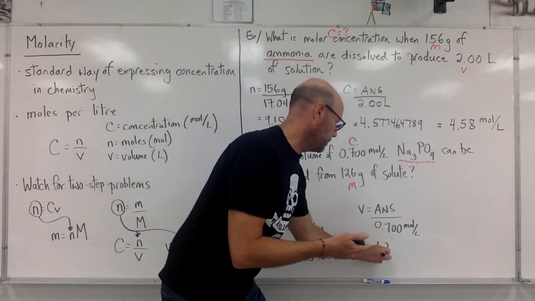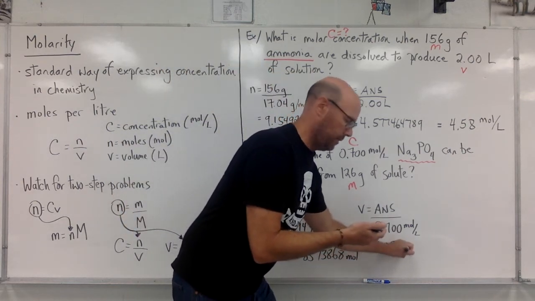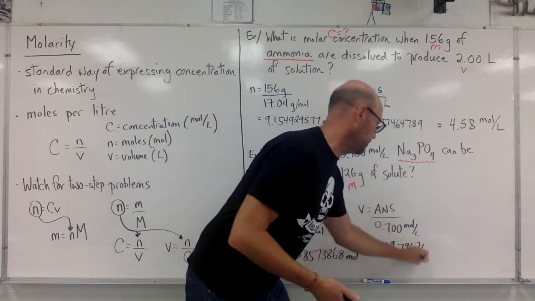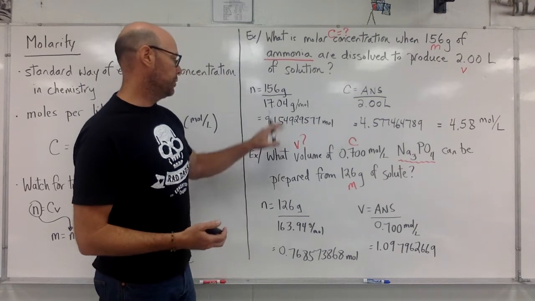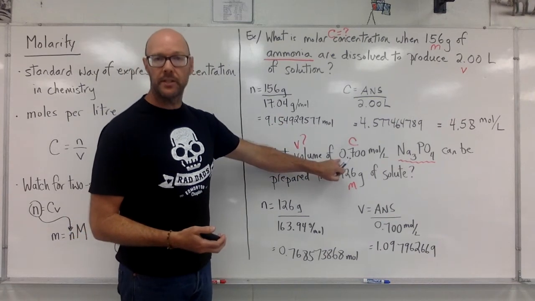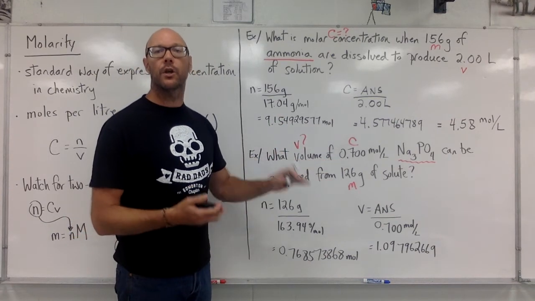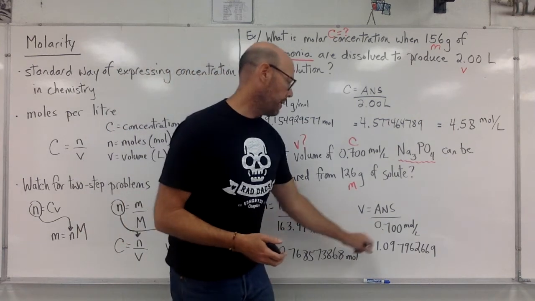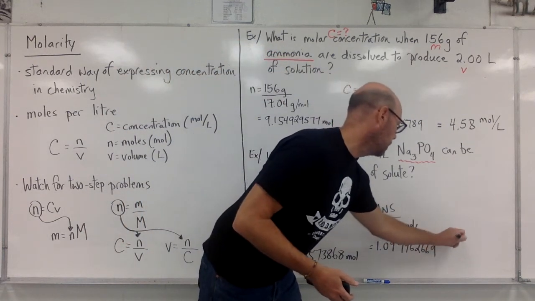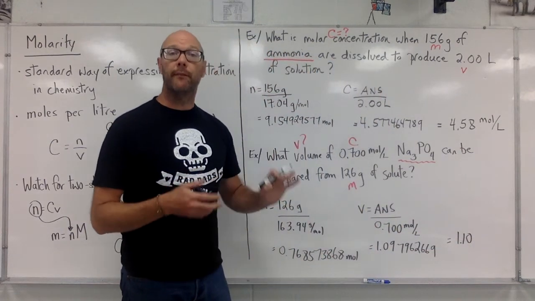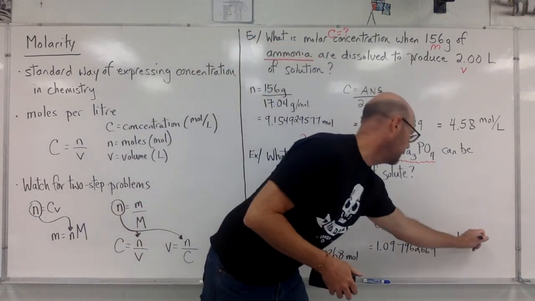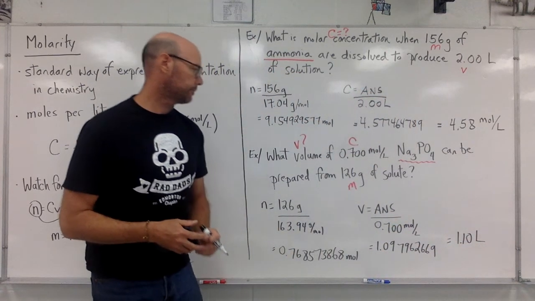It's 1.0979626669, which I need to round off to 3 significant digits, 0.700 and 126, 3 significant digits. Here I'm actually rounding up to 1.10. And this was the volume that we found, liters.